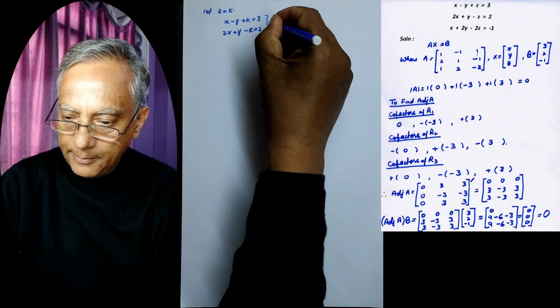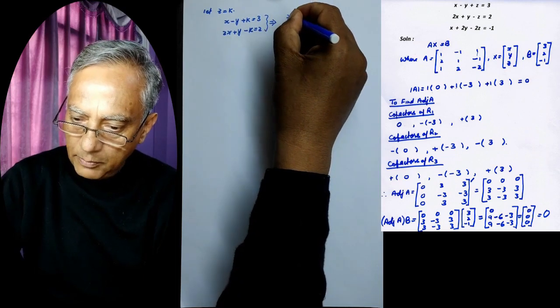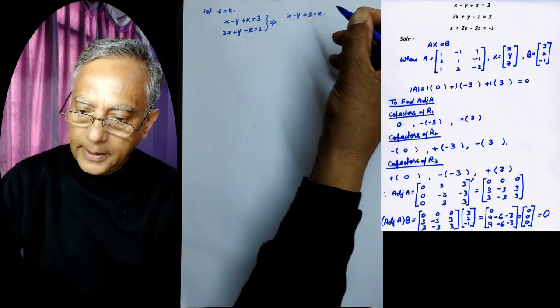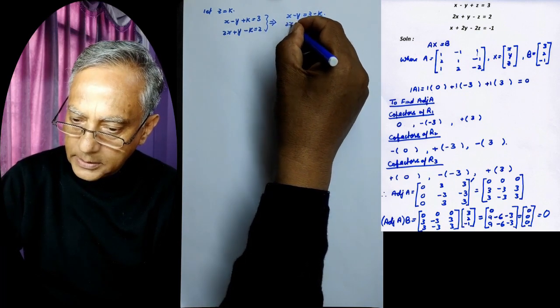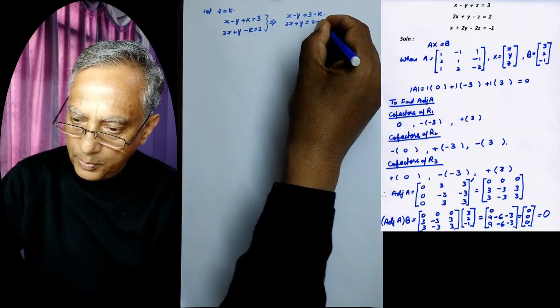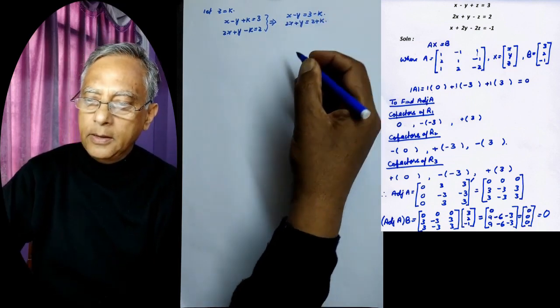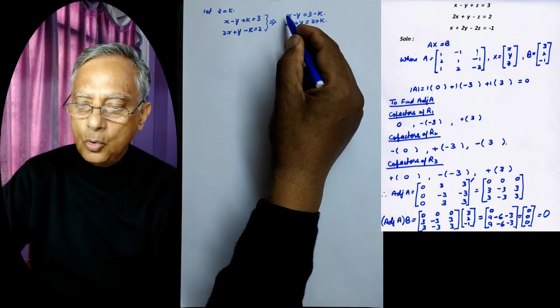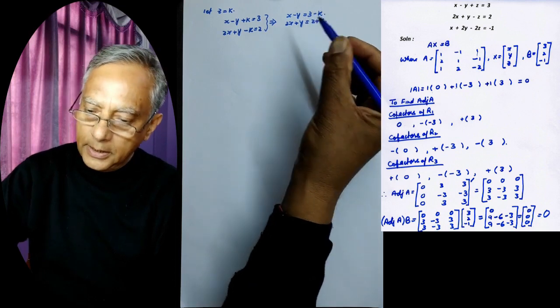This implies x minus y is equal to 3 minus k, and 2x plus y is equal to 2 plus k. Now we will solve this system of two linear equations.